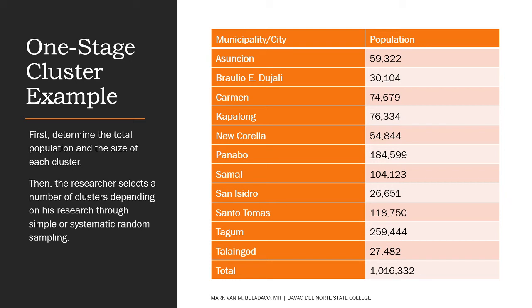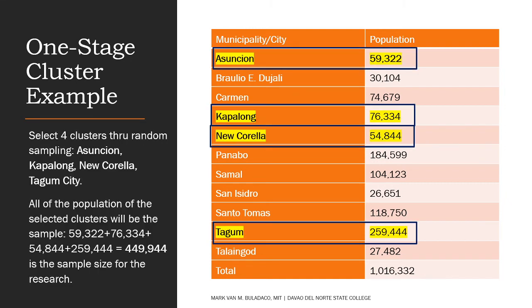In this case, this will be through researcher discretion. He selected 4 clusters through random sampling. So, for example, he conducted random sampling out of the 11 municipalities and cities in Davao del Norte.